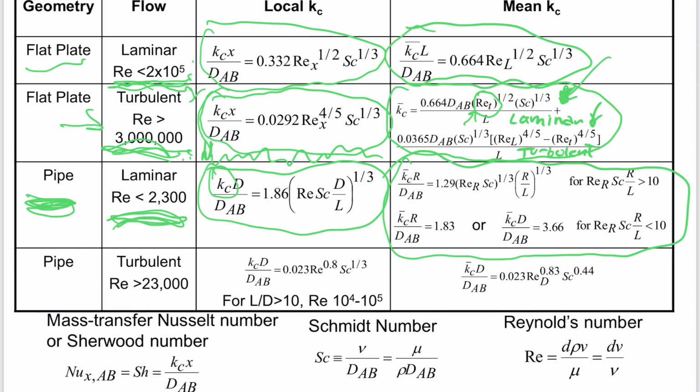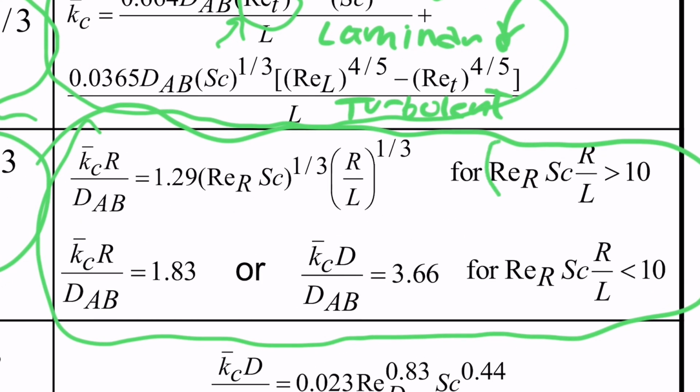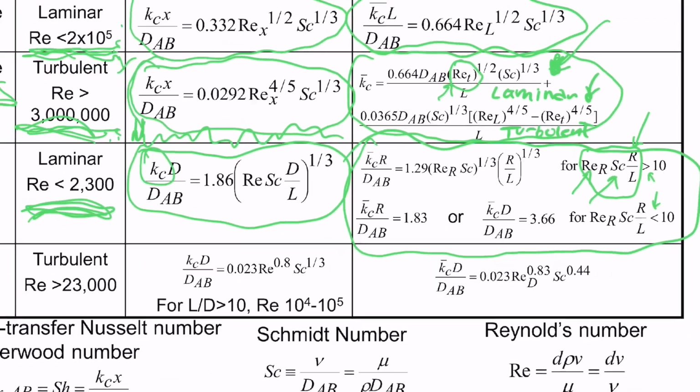All right, and for the mean, you may have to calculate the Reynolds number based on R, and the Schmidt number, and R over the distance, to see if it's either greater than 10 or less than 10, to give you an idea of which one of these relations you need to use. And R here being the radius of the pipe? Yes. Okay.